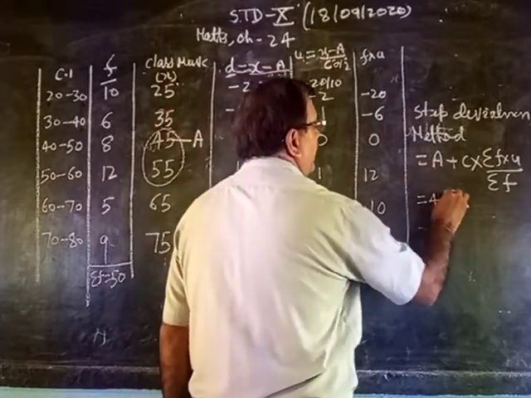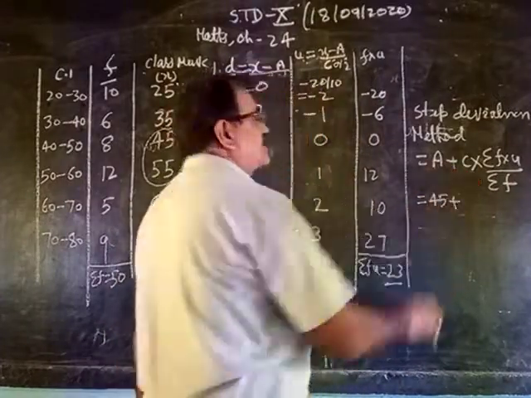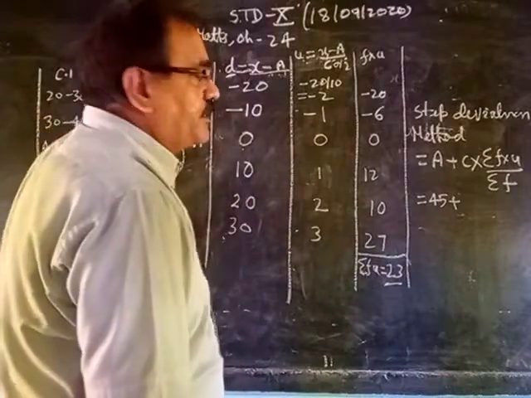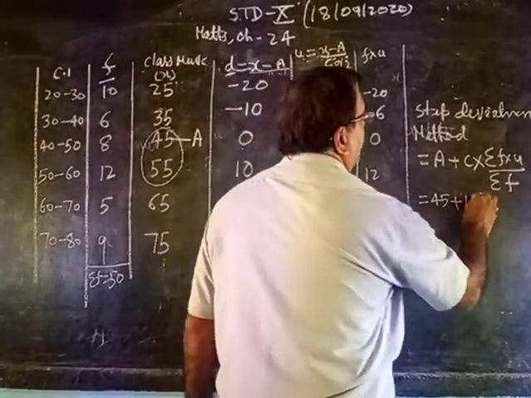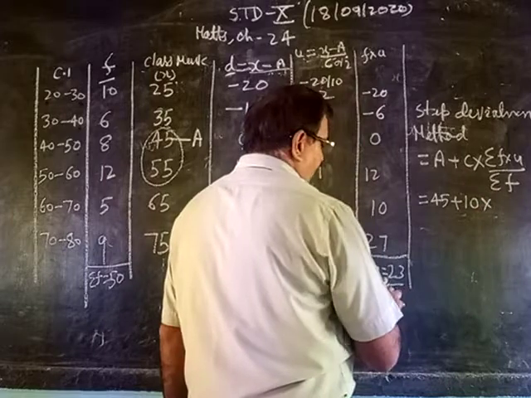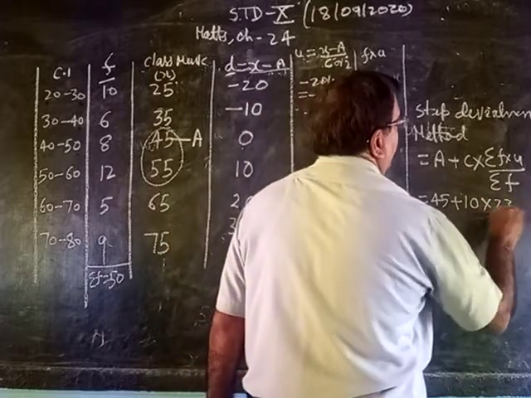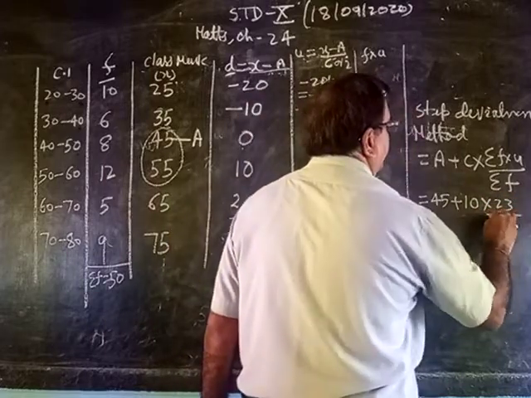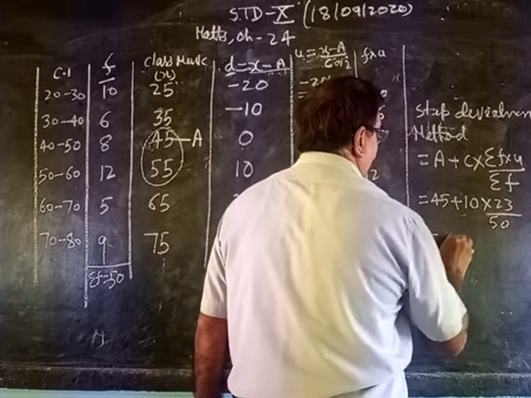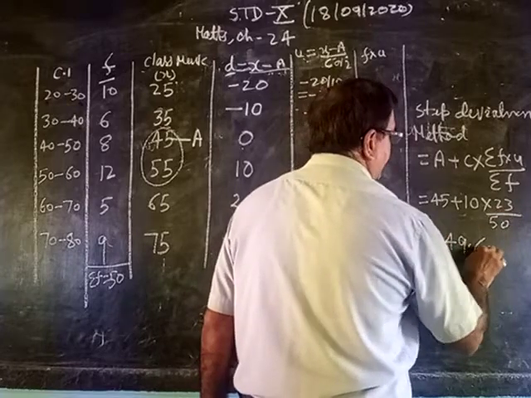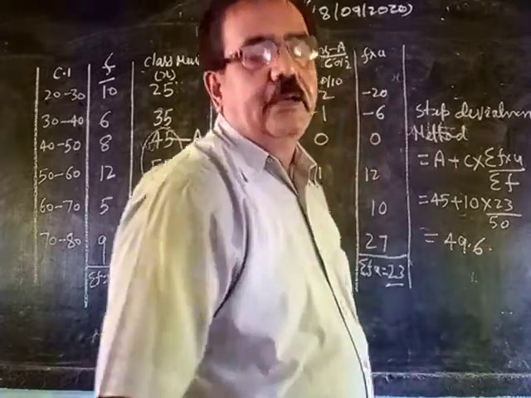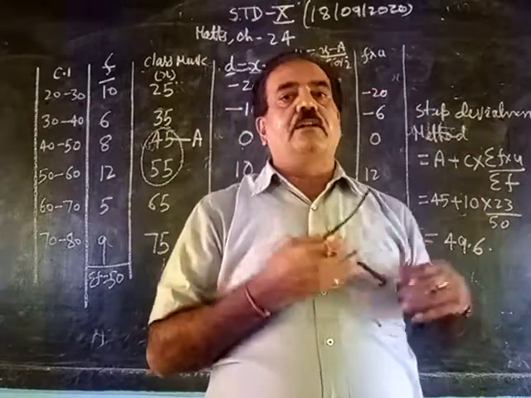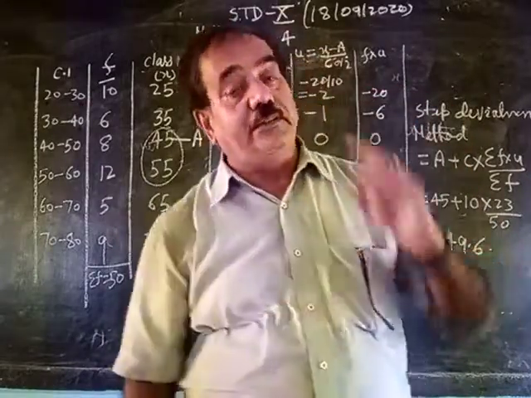A is 45, c, the class size from the class interval, is 10, sigma fu is 23, and sigma f is 50. Calculate, and this will come 49.6. So in one question I explained all three methods.